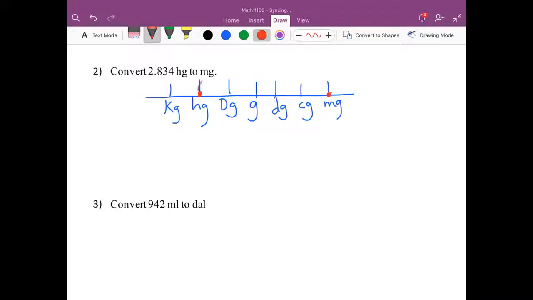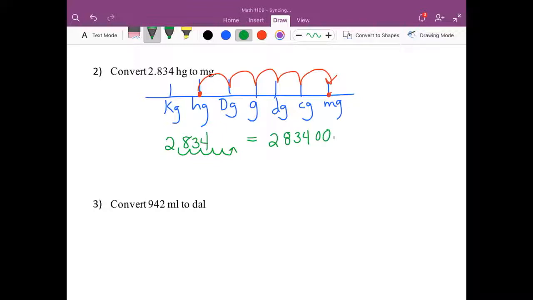So I'm going to do 1, 2, 3, 4, 5 jumps to the right. So I'm going to do that same thing in my number. So there's my decimal point. I'm going to do 1, 2, 3, 4, 5 jumps to the right. So it becomes 283,400 milligrams.